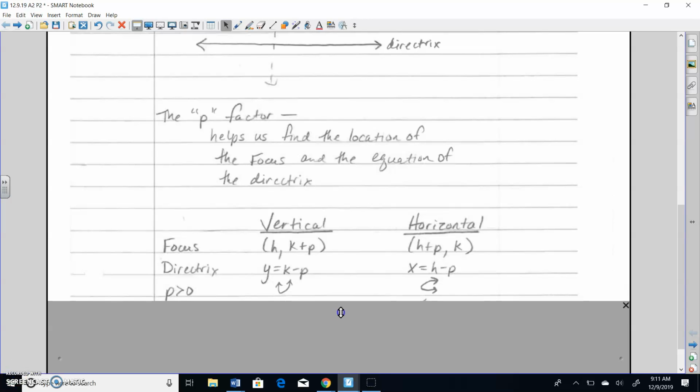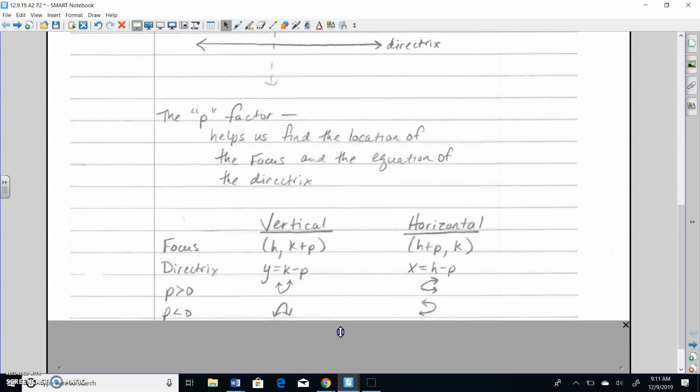This is going to help us determine how our graph opens. So the value of P not only helps us determine the focus and the directrix, but it also helps us determine which way our graph is going to open up, which is helpful, like a checkpoint to help us in our graphing. So if P is greater than 0, meaning it's positive, then our vertical graph will open up. If it's a horizontal graph, then it will open to the right.